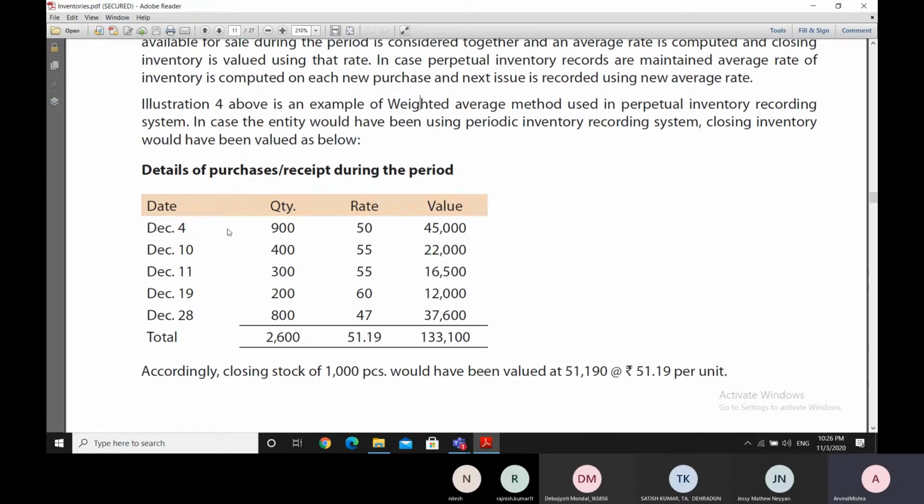So then, on all those dates, whenever some quantity is being received, we will just calculate the weighted average price, taking into consideration all the rates. What we are doing here is taking all the values by multiplying each quantity with each rate.